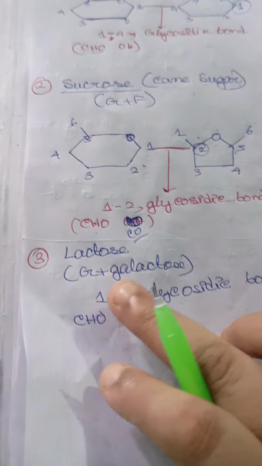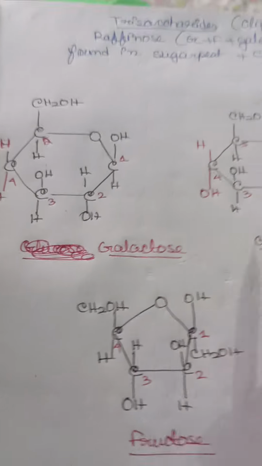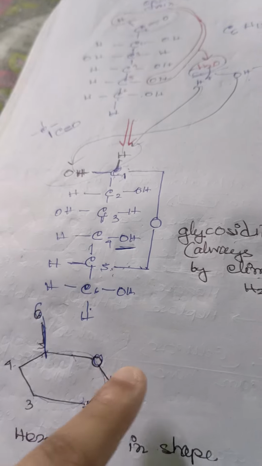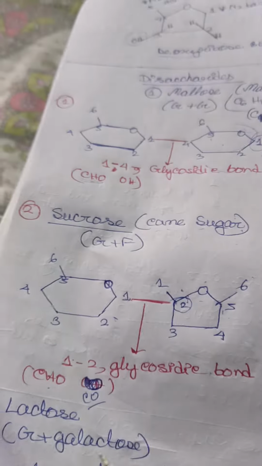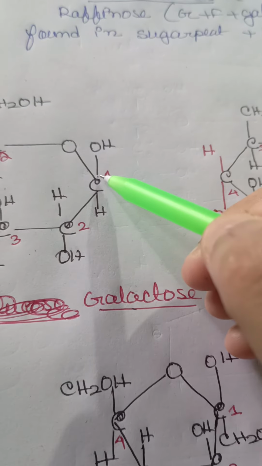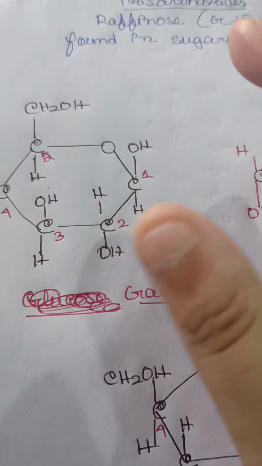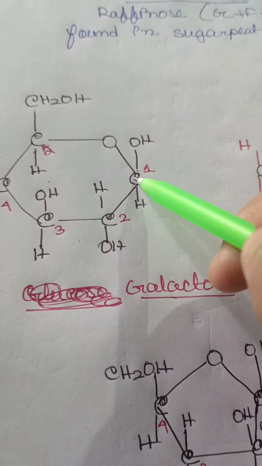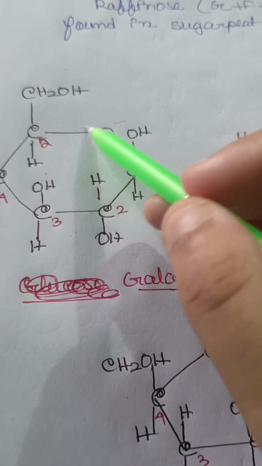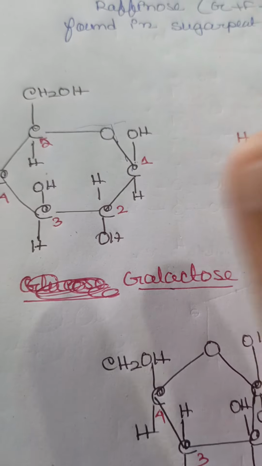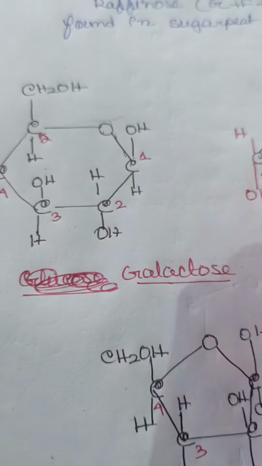Now the next example is galactose. The structure of glucose and galactose, the actual ring structure, here I have drawn like this, but with one carbon we know an aldehyde group is present there. With 1 number carbon and 5th number carbon will form the glycosidic bond by removing 1 water.